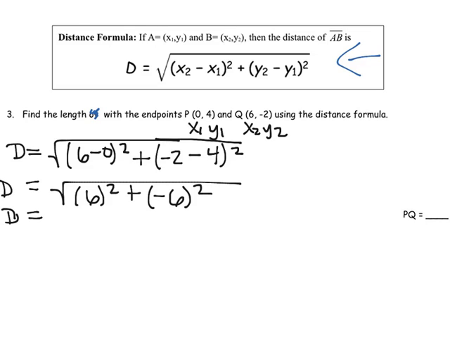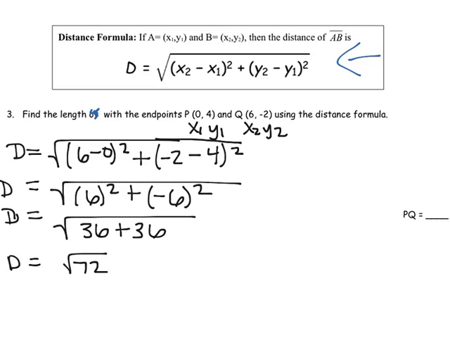Our distance still is equal to, so now we're going to use exponents because we simplified our parentheses. 6 times 6 is 36, plus negative 6 times negative 6 is actually another positive 36. So now we see that the distance equals the square root of 36 plus 36, square root of 72. And that will be the distance of our segment PQ.